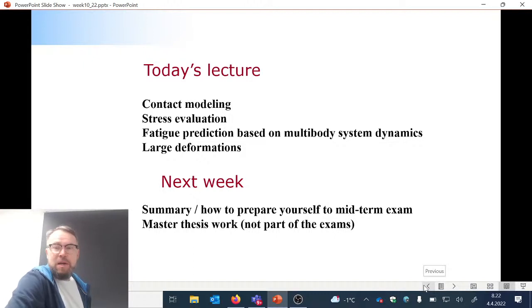What I'm planning to do today is keep on discussing the content modeling. And then there is a mixture of things that I would like to discuss with you. The first thing is stress evaluation, and then a little bit about what we could do with the stress information. One of the things we can do is fatigue prediction. Once we know the stress histories in particular, then we can conduct the fatigue analysis.